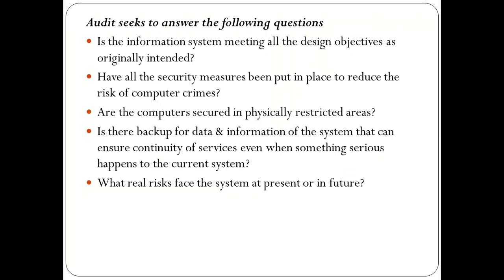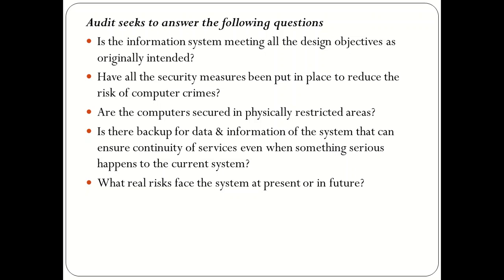Is that system able to do what we call two-factor authentication, whereby a message is sent to your phone, and also you'll be notified in case somebody wants to access your account? So is it able to do that kind of double authentication? If it was developed with those security measures, is it able to implement them, or is it not able to do that? By so doing, you'll know where the gaps are.